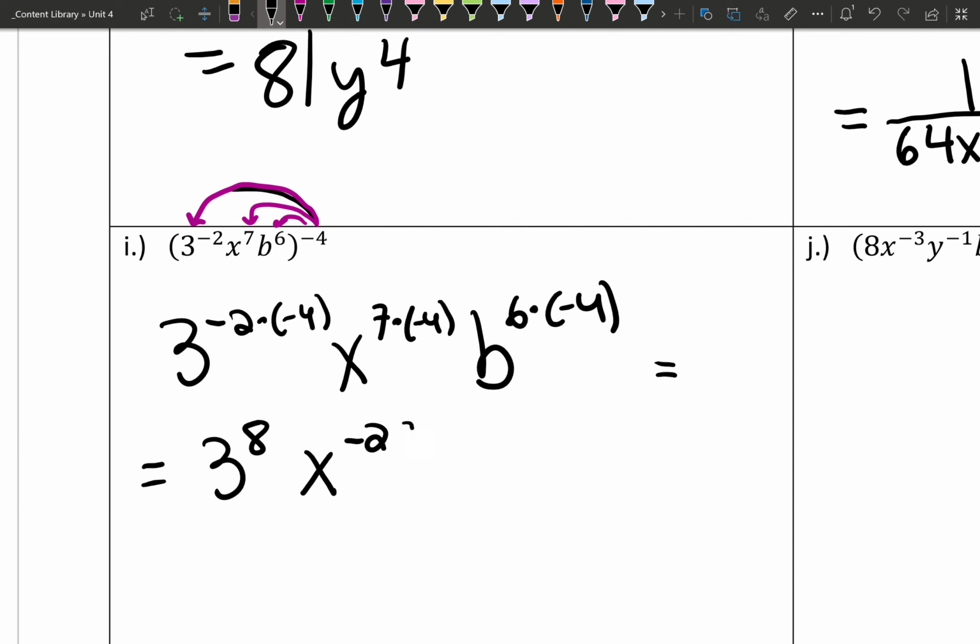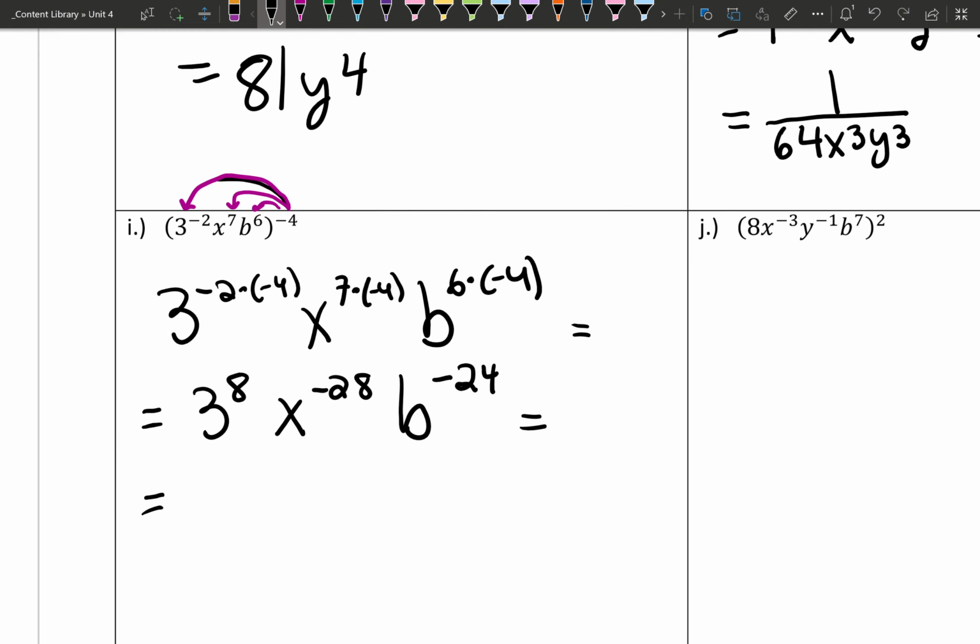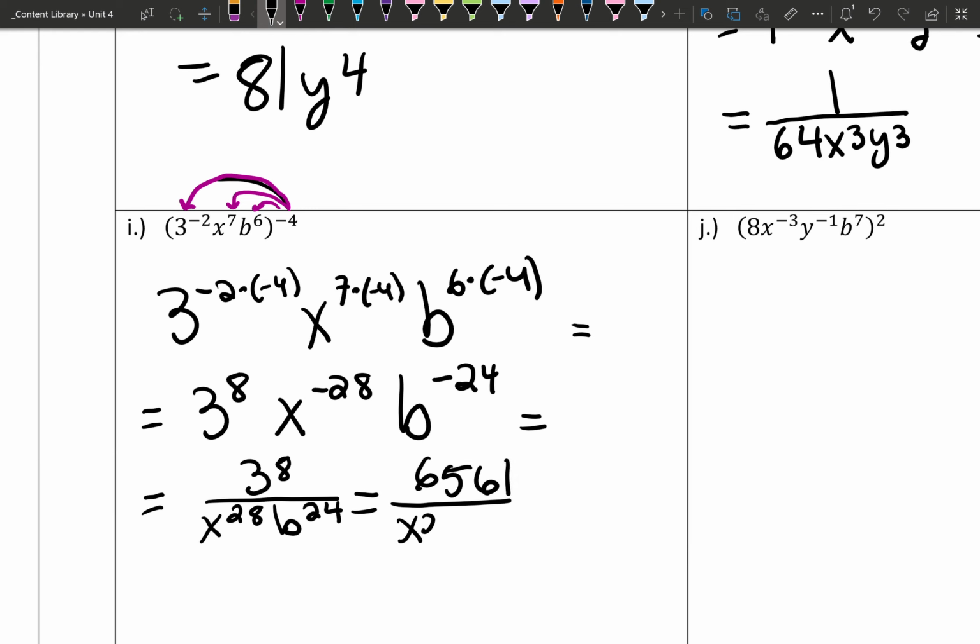X to the power of negative 28. And b to the power of negative 24. 3 to the power of 8 stays on top of my fraction. But x to the power of 28 and b to the power of 24 go to the bottom of my fraction. Then I'm going to go ahead and simplify 3 to the power of 8 and leave the rest the same.